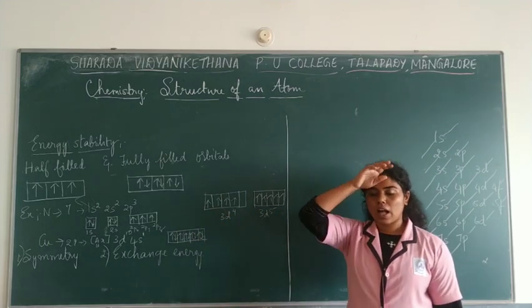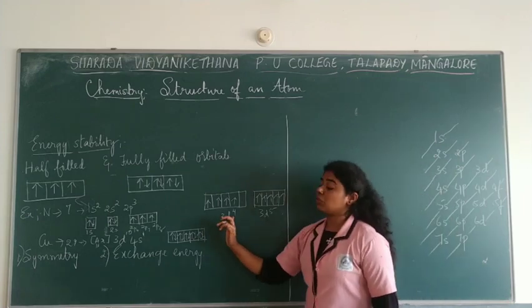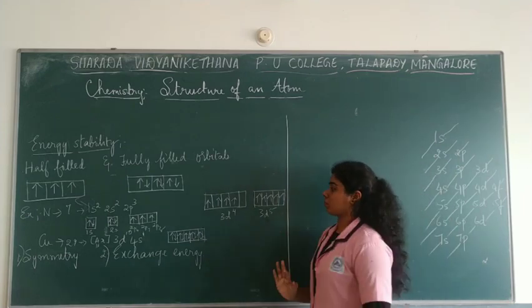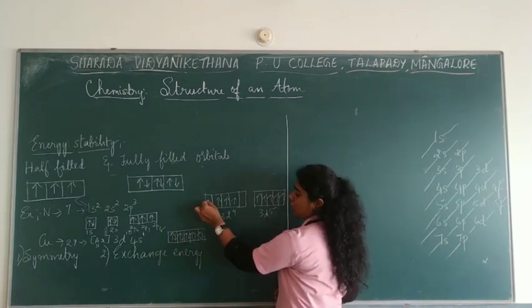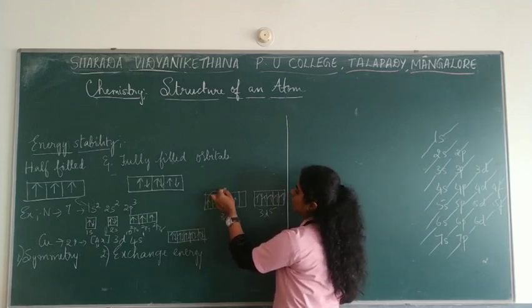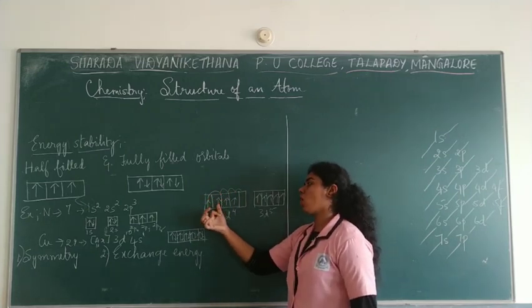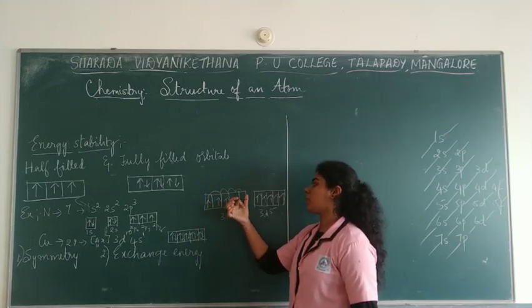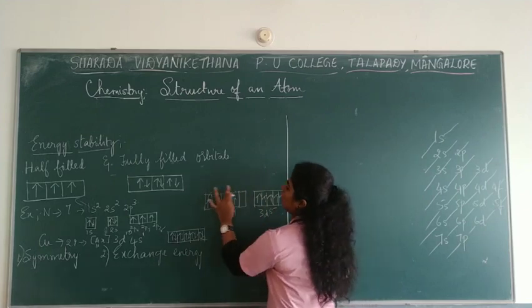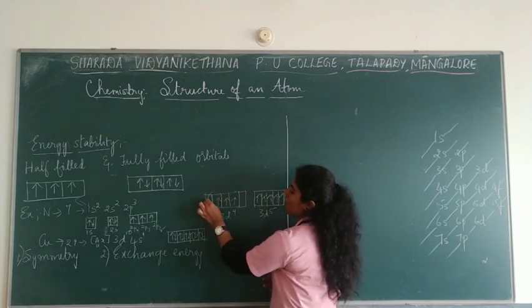Now in 3d4, the first electron which is present in the first orbital can keep on changing its position, right? So this can come to this orbital, this orbital, or any other. Now this one electron has how many ways?